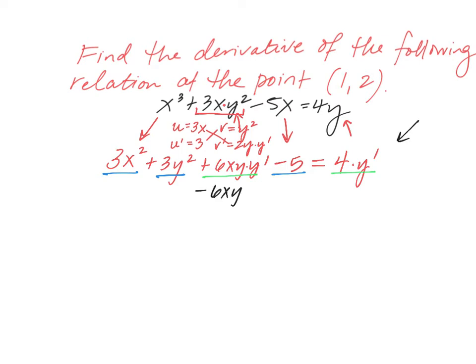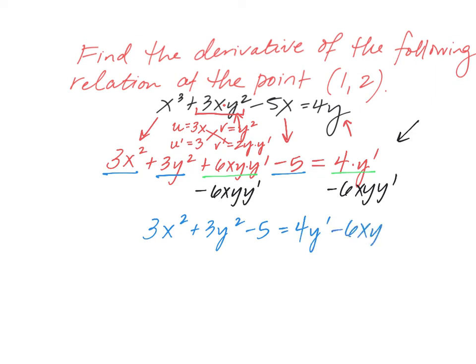So I'll subtract 6xy y prime from both sides. Now, when I do that, I end up with 3x squared plus 3y squared minus 5 is equal to 4y prime minus 6xy y prime.